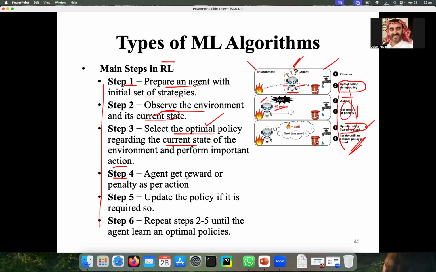Step 4, getting reward or penalty according to that action. Step 5, updating the policy if there is a penalty. And step 6, repeat 2 to 5. Almost similar, but in general words. So the people who want to understand this diagram can also read these steps, or after reading these steps, they can read this diagram and they will understand what this diagram is saying.